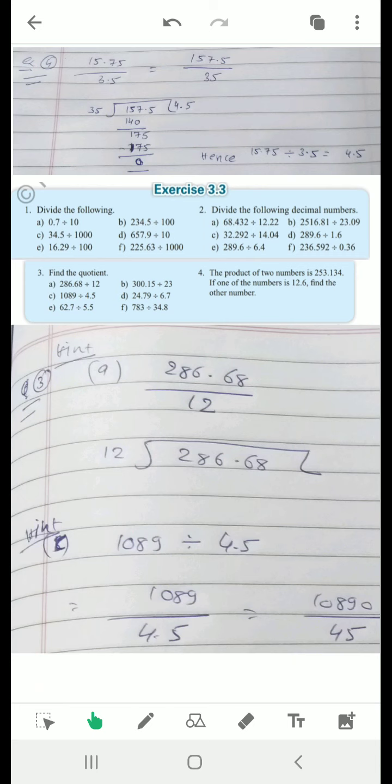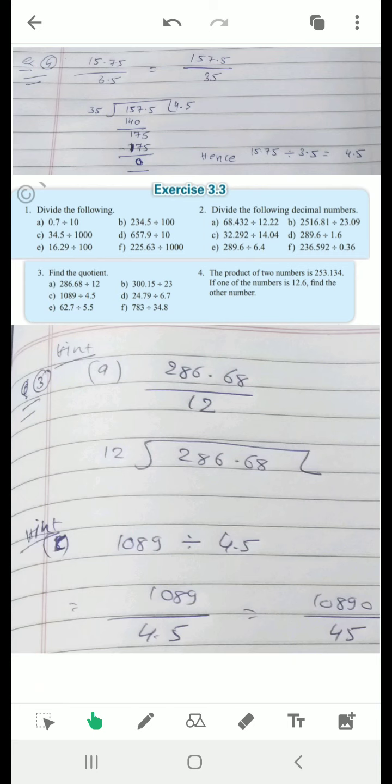Okay, similarly third C, 1089 divided by 4.5. Now in this case the decimal is placed in the divisor only. There is no decimal in the numerator. So we will remove the decimal point. After the decimal there is one digit, so we will put 10 in the numerator. Understood?